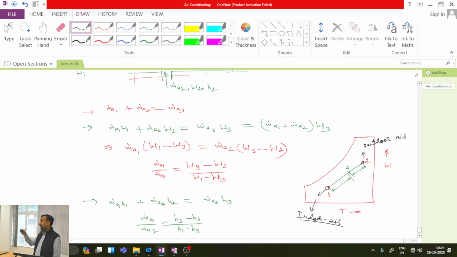Now if I have some AC within the room which is controlling the humidity, outside the room of course humidity will be more. But in order to avoid a higher concentration of CO2 in the indoor air, I have to add a certain amount of outdoor air.